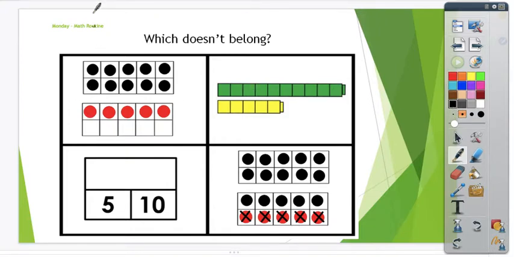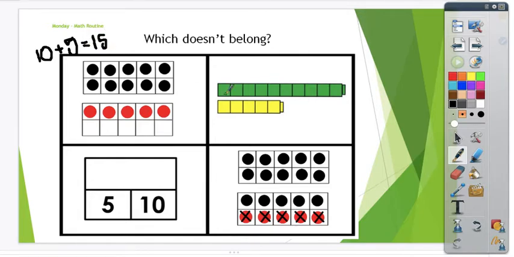And we have how many red? 1, 2, 3, 4, 5. So what do you think it's trying to show us? Are we adding or subtracting these? We are adding them. So we have 10 plus 5 equals how many altogether? Good, 15.